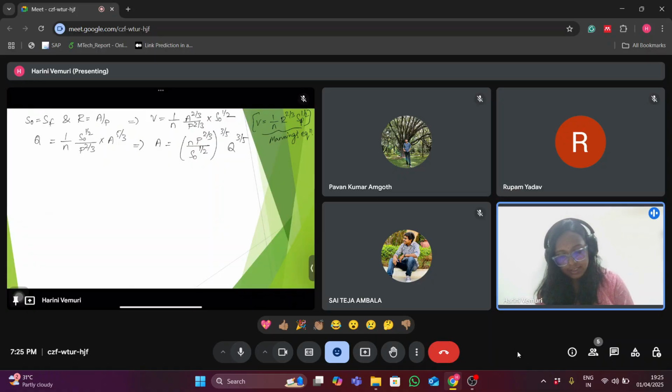We can simplify and write this as A equal to alpha into Q power beta. And when you partially differentiate with respect to time, it will be alpha into beta Q power beta minus 1 into dou Q by dou t.